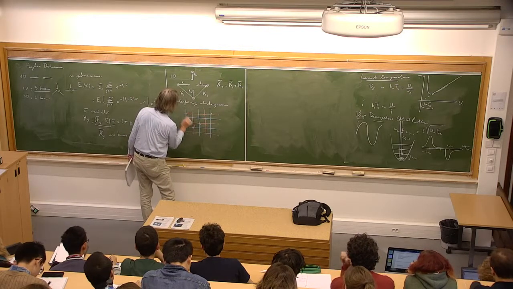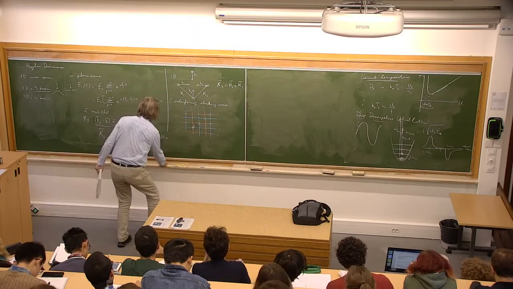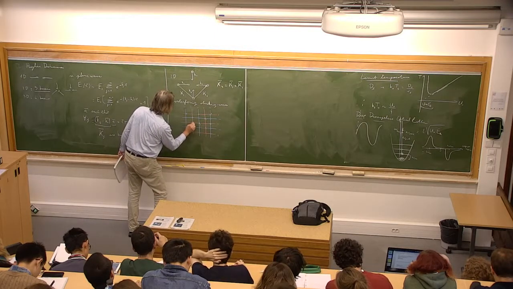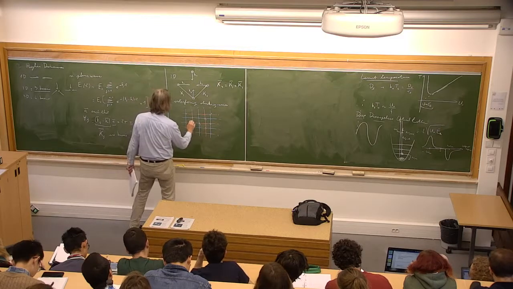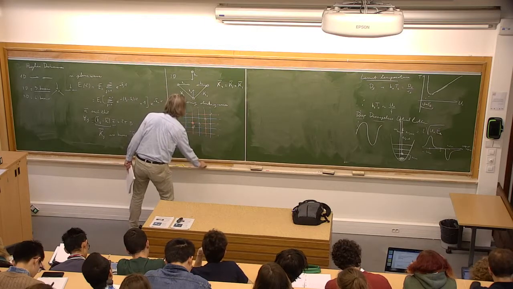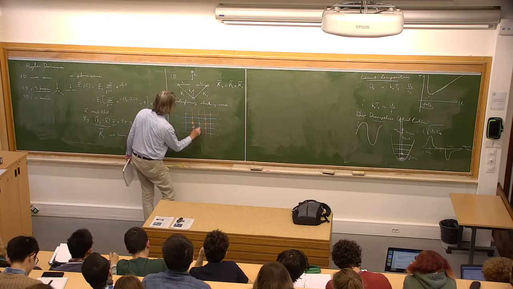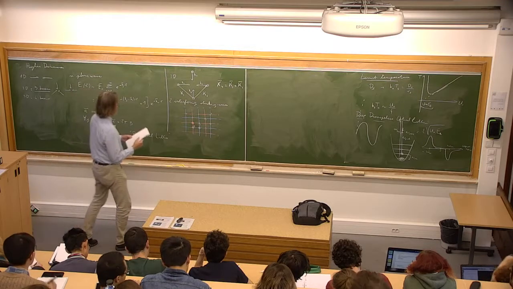So you have a lot of zeros. And if you look here, you have a big, huge maximum of intensity. And here also, you have a big, huge maximum in intensity.